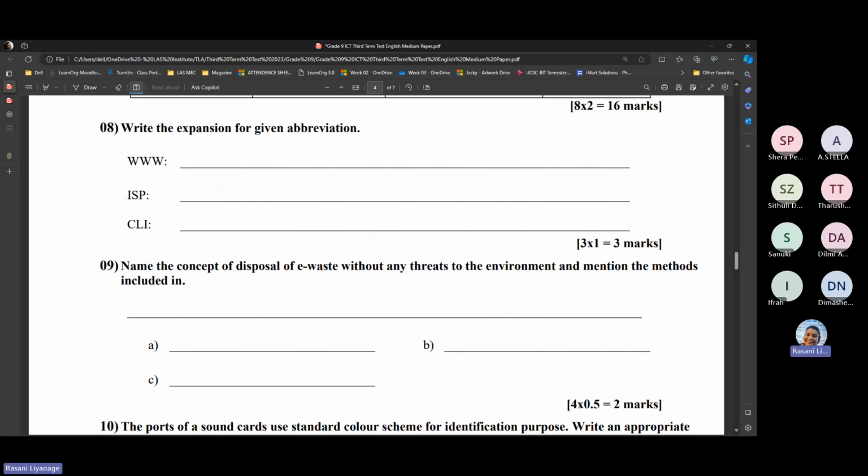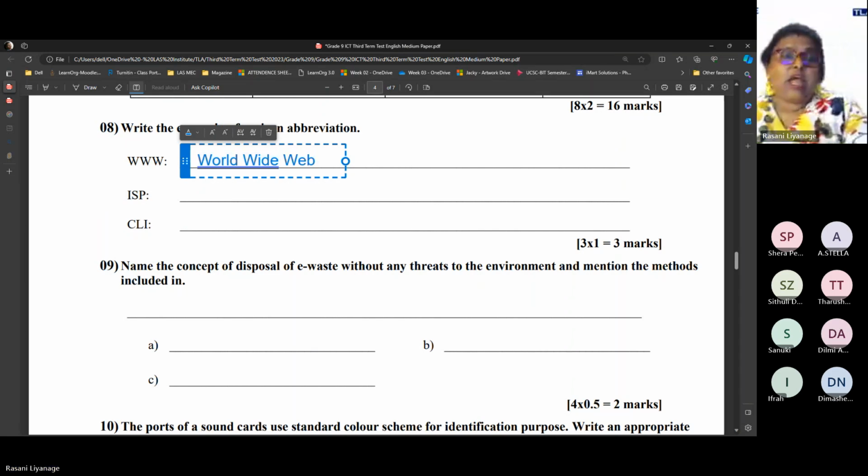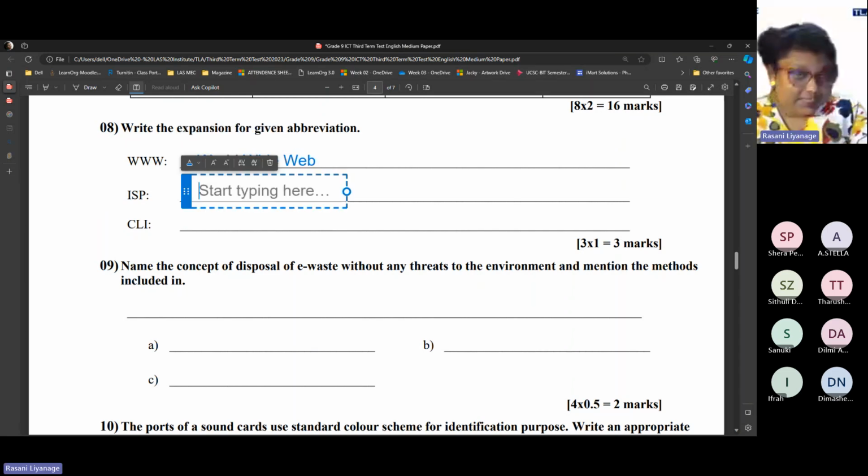Okay, we'll go for question number 8. Again, they're asking the expansions. www is for World Wide Web, the well-known World Wide Web. ISP means the Internet Service Provider.